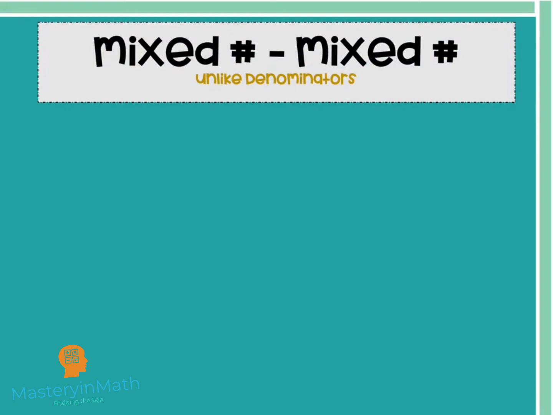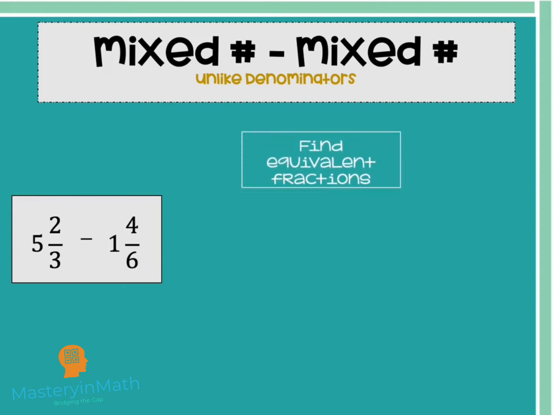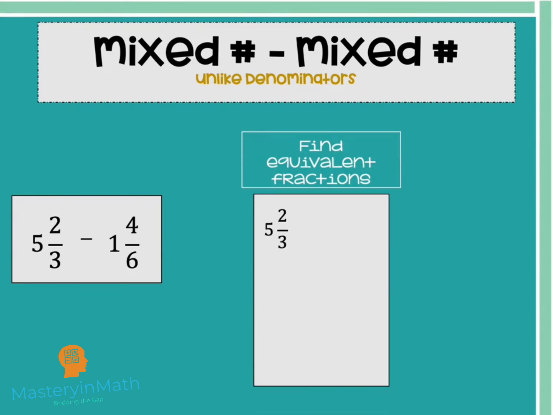Let's look at another example. We have 5 and 2/3. Take away 1 and 4/6. So you're taking away 1 and 4/6 from 5 and 2/3. We already know that we have to find equivalent fractions.